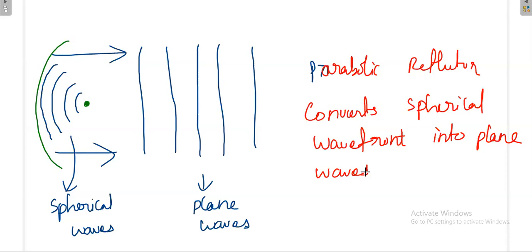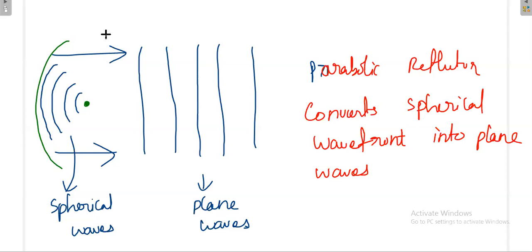But if it is in a plane format, the power will not diminish quickly. That is the main idea. That's why this plane wave goes to a longer distance. As it is converted into plane waves, the plane wave can go to a longer distance without much loss. That's why the directivity of the parabolic reflector is very high.